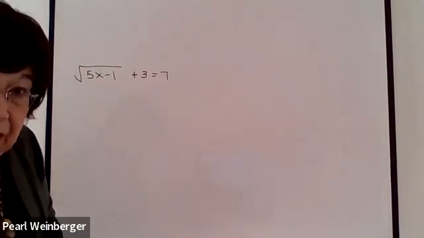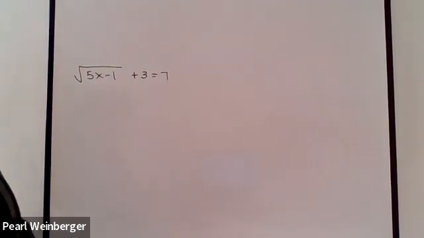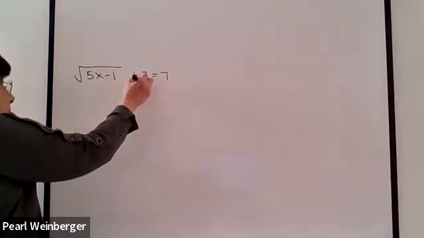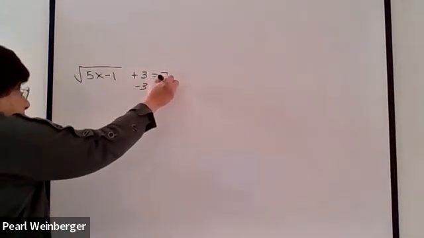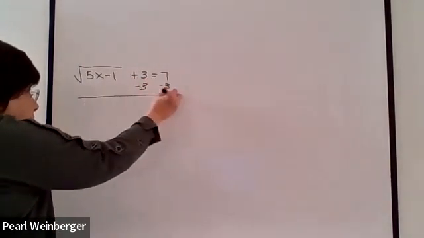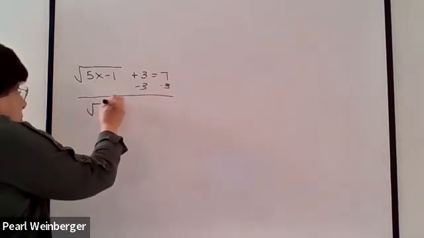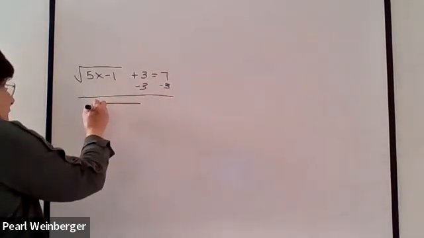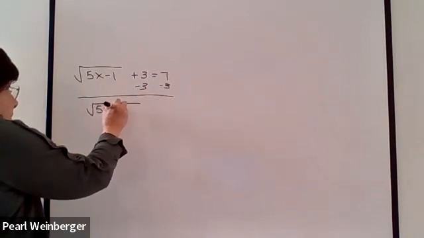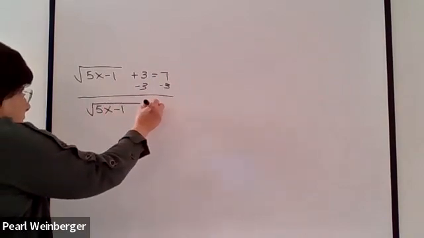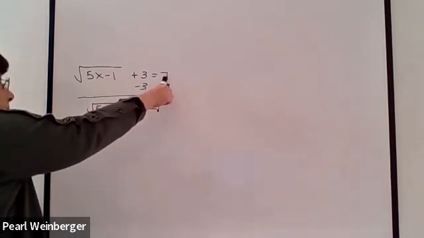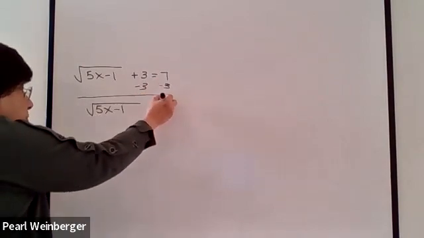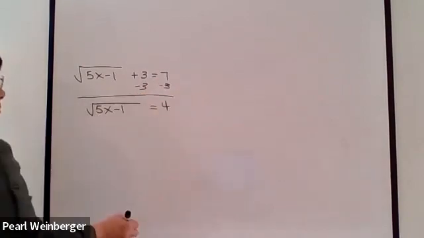I have to get that radical by itself. So I'm going to take the 3 and subtract it from both sides, which will give me the square root of 5x minus 1 equals 7 minus 3, which is 4.